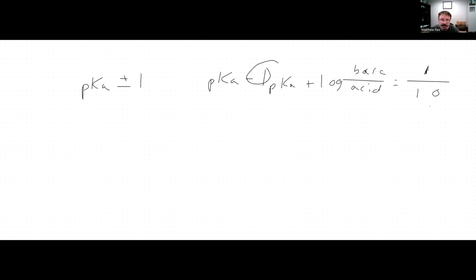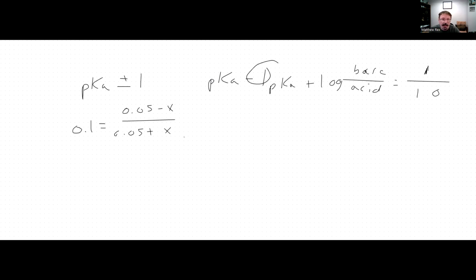So we're looking at a 1:10 ratio, or 0.1, and that's going to be equal to 0.05 minus X, because we're losing base, and then 0.05 plus X on the bottom because we're creating that much acid.